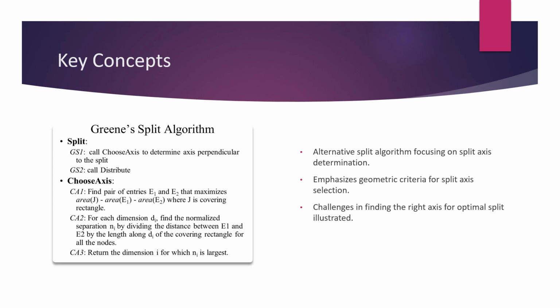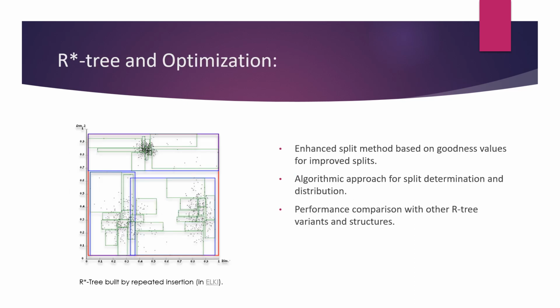Now we check alternative split algorithms, focusing on split axis determination and the challenge of finding the right axis for the optimal split. And here is the R*-tree and the optimization: a split method based on the goodness value for improved splits.